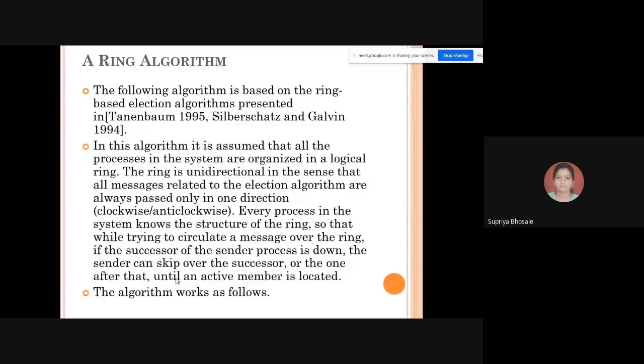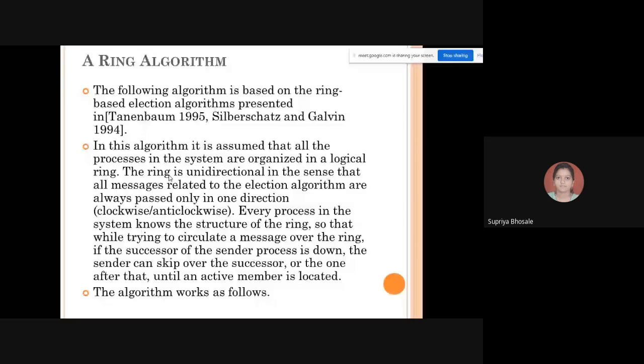This algorithm is the ring-based election algorithm. It is presented by Tanenbaum and Silberschatz and Galvin in the year 1994-95. In this algorithm, it is assumed that all the processes in the system are organized in a logical ring.